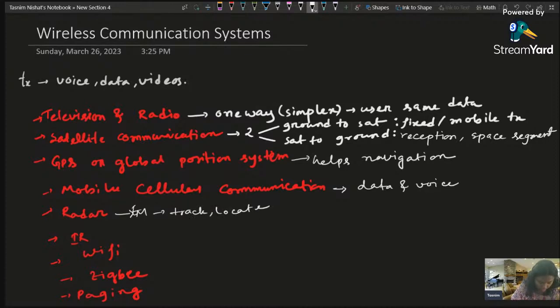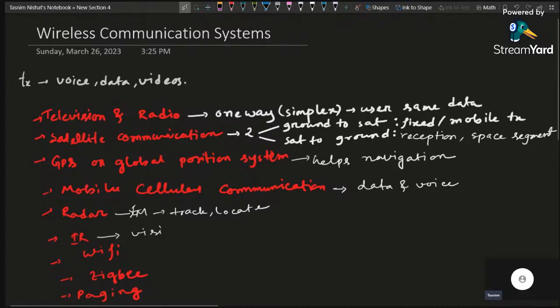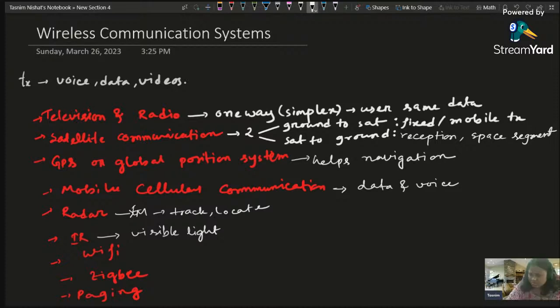And then we have IR for visible light. This is visible light and helps in security, TV, remote control.